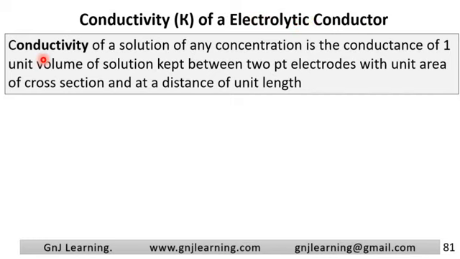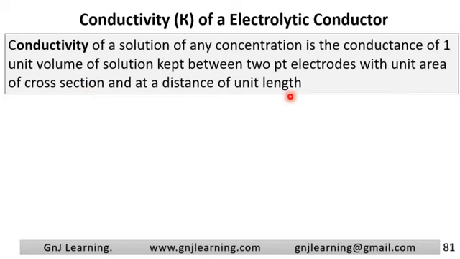The definition is: conductivity of a solution of any concentration. You can take an electrolyte of any concentration, and the conductivity is the conductance G of 1 unit volume. Why is it called 1 unit volume? Because the two platinum electrodes that we saw in the last slide were at a distance of unit length and have a unit area of cross section.